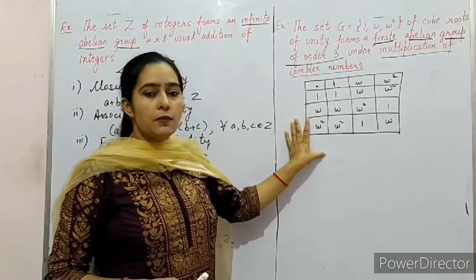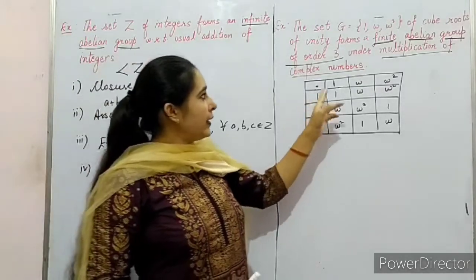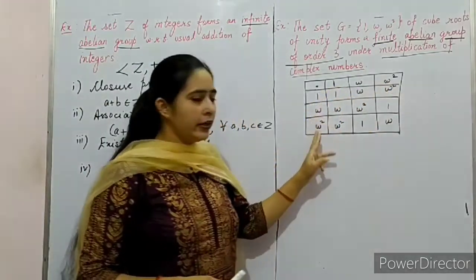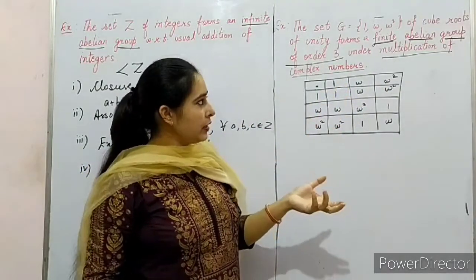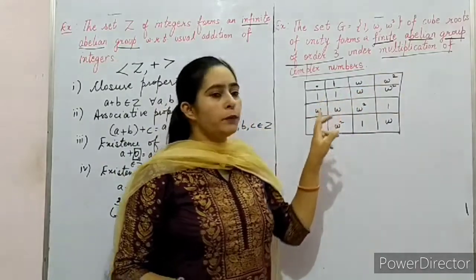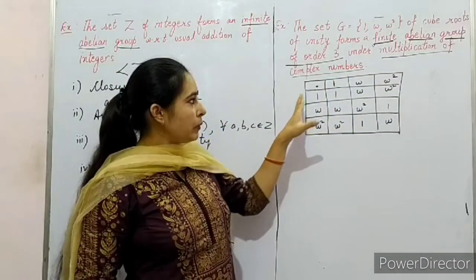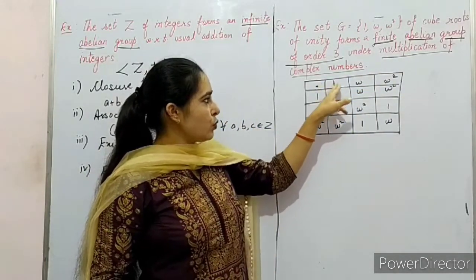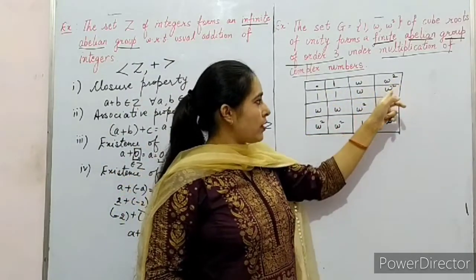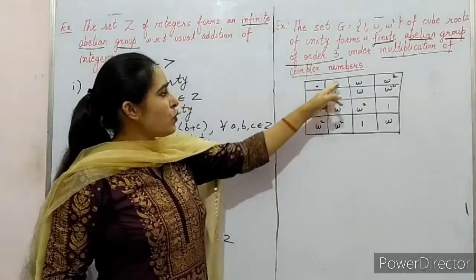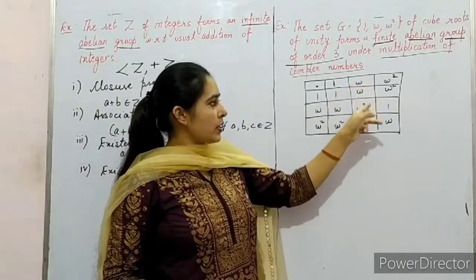Now, how to construct composition table? Simply write the elements of G here and here. Now, operate these elements. What is the operation here? Multiplication of complex numbers. We have to simply operate 1 into 1, that is 1. 1 into omega is omega. 1 into omega square is omega square. Omega into 1 is omega. Omega into omega is omega square.